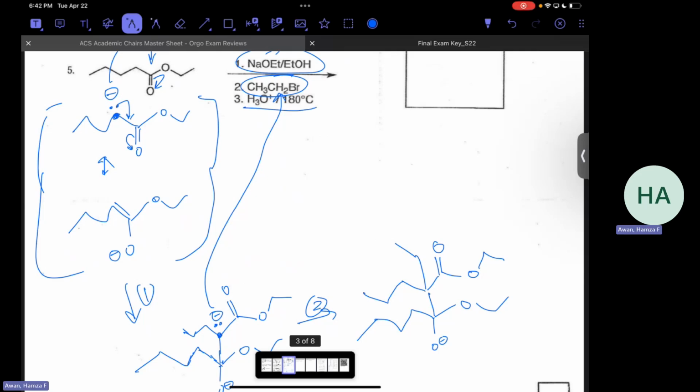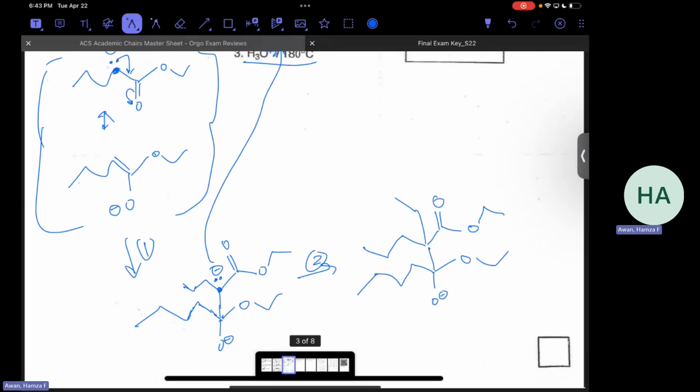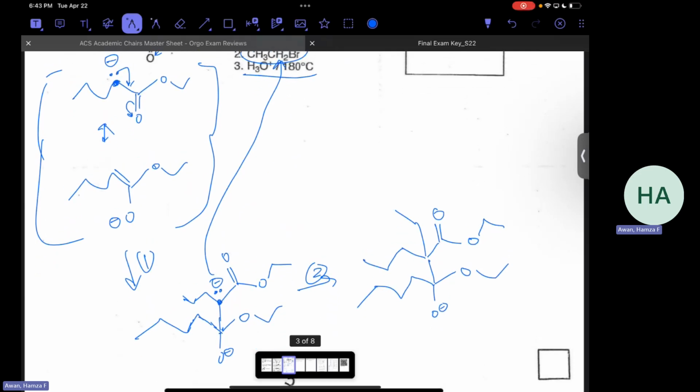So this H3O at 180 degrees Celsius is going to cause a ketone to form. I did something wrong here, because there's not supposed to be four oxygens.